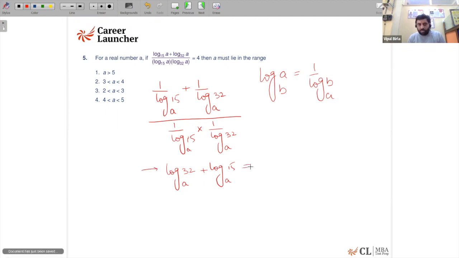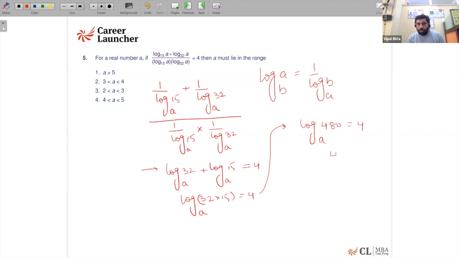Which can be rewritten as, because it is given as equal to 4, I know log a plus log b is nothing but log a into b. With the same, I can rewrite it as log of 32 into 15 to the base a is equal to 4. Log of 32 into 15 is 320 plus 160, which is 480, to the base a is equal to 4.